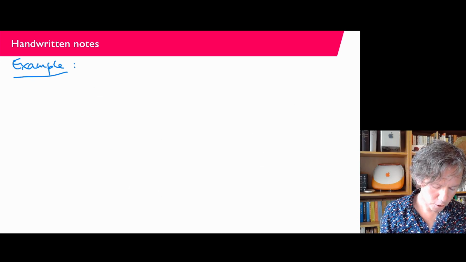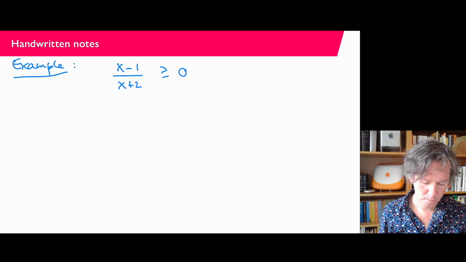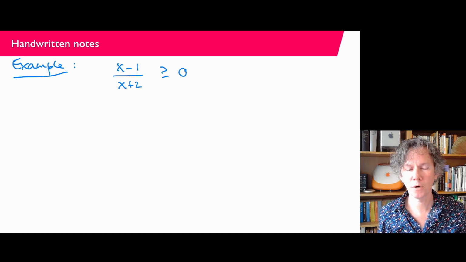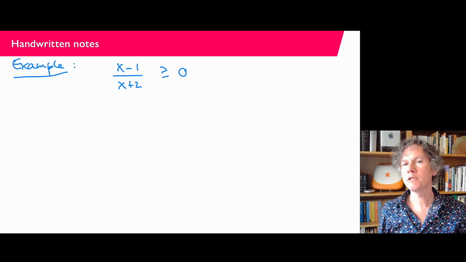Let's look at the inequality x minus 1 over x plus 2 is larger or equal 0. Now, it would be tempting to multiply the equation with x plus 2. But that is not the way to proceed.